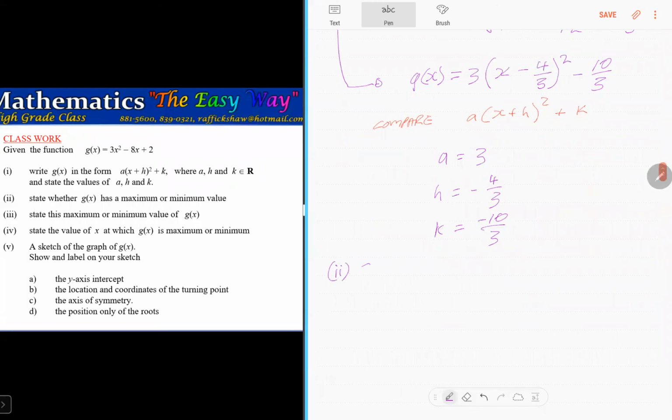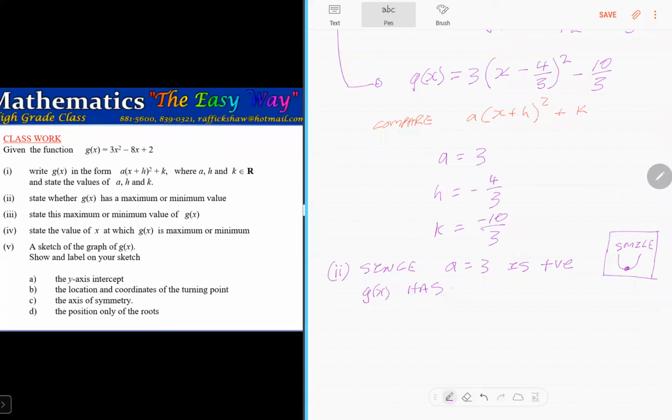So we can say, since a, which is equal to 3, is a positive value, g of x has, when it's a positive value, the graph will have a smile shape. And what has a smile shape has a minimum down there.